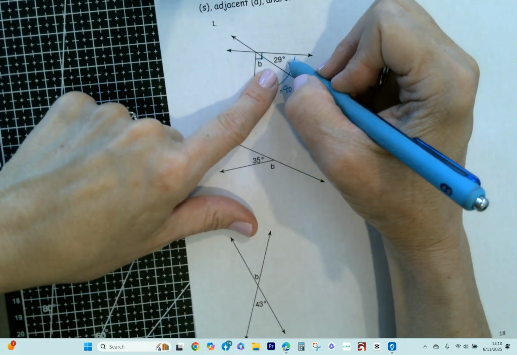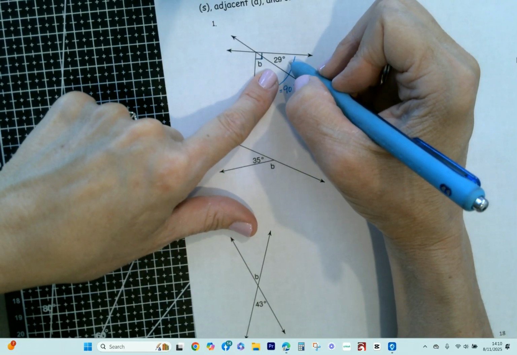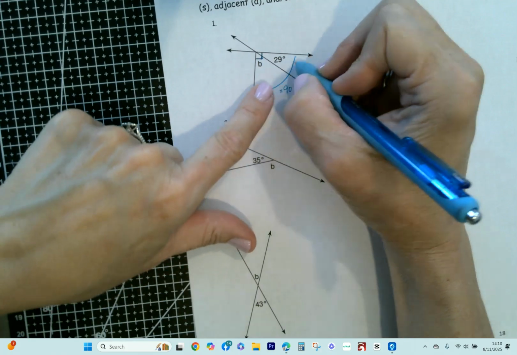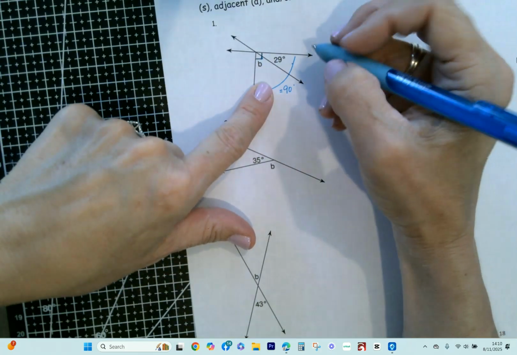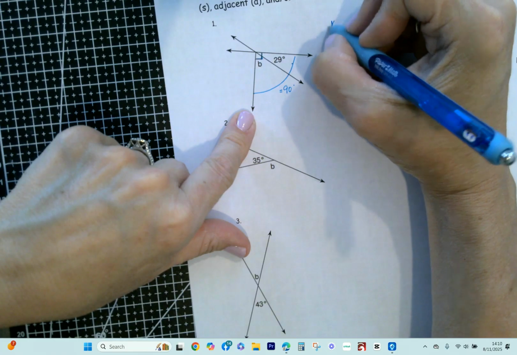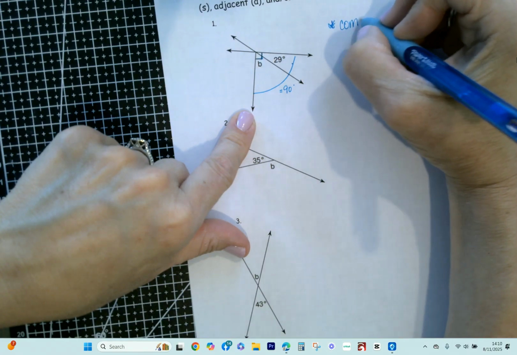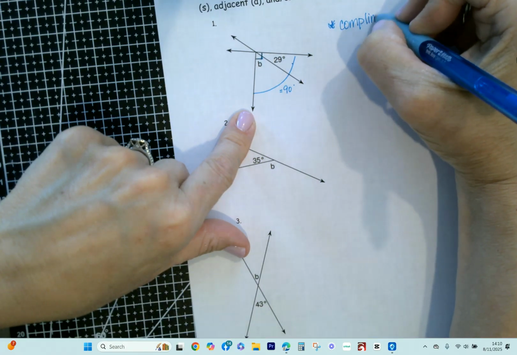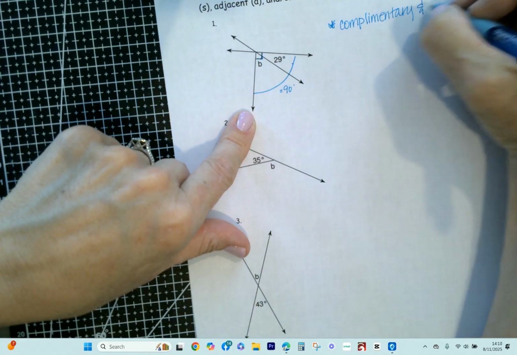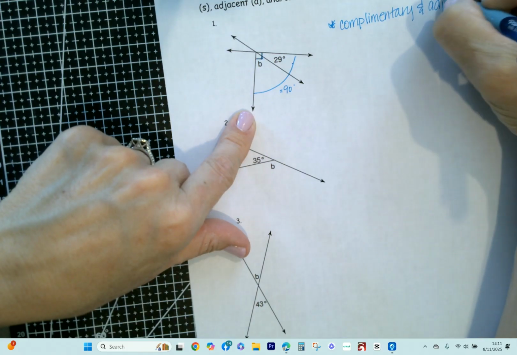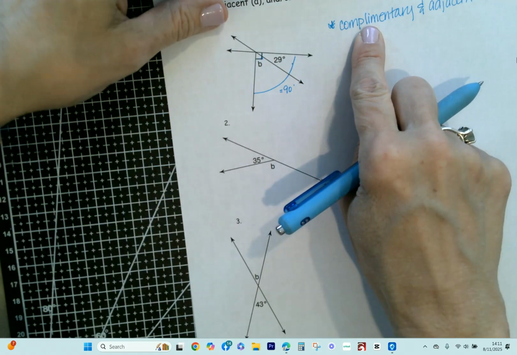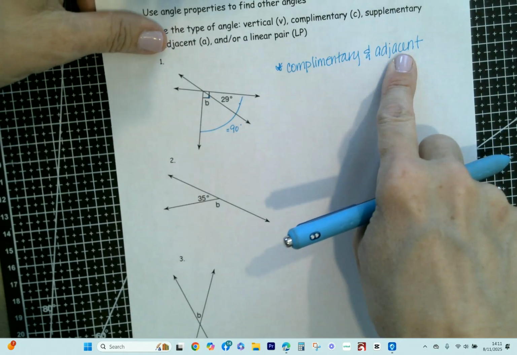I know that part of the 90 degrees is 29, and I know that angle B is next to it. So a couple of things. These are complementary, and they're adjacent. They add to 90 degrees and they're next to each other.